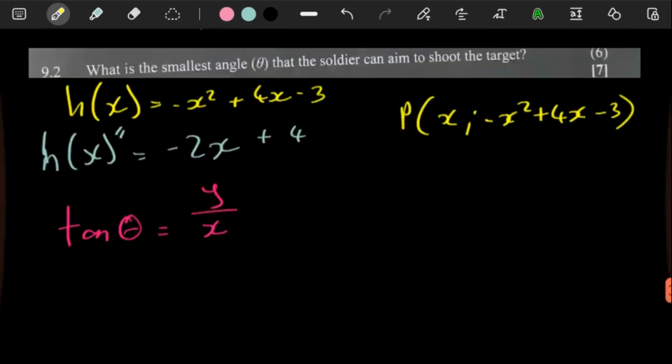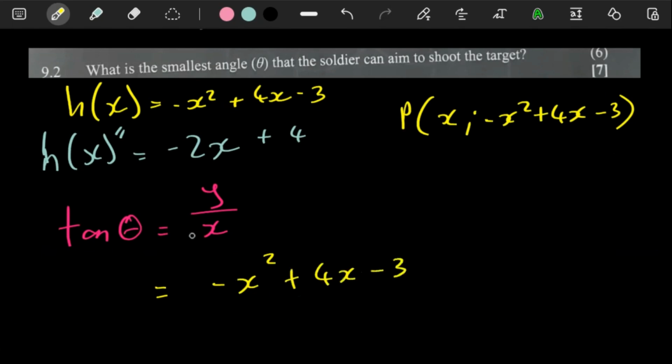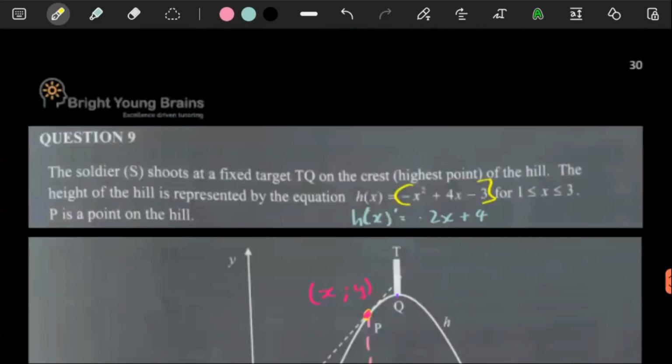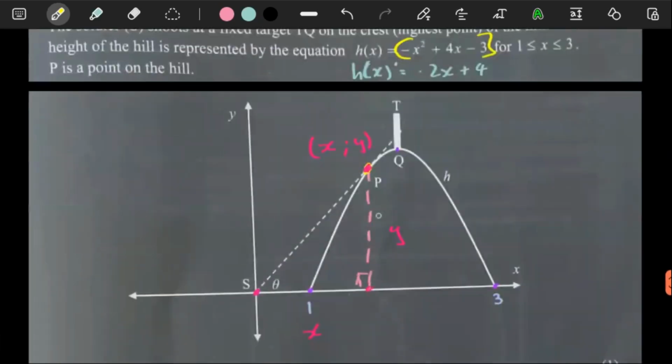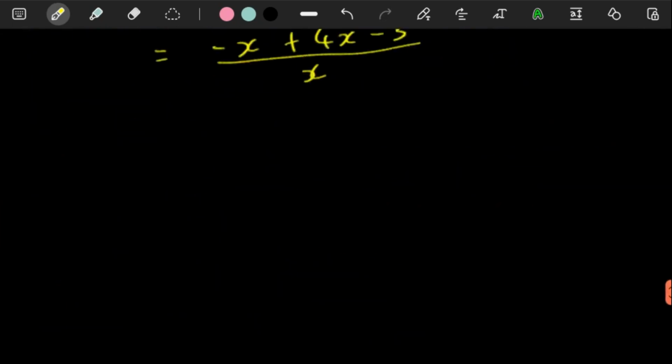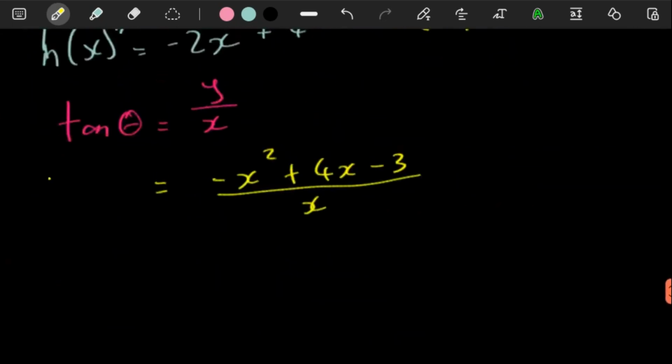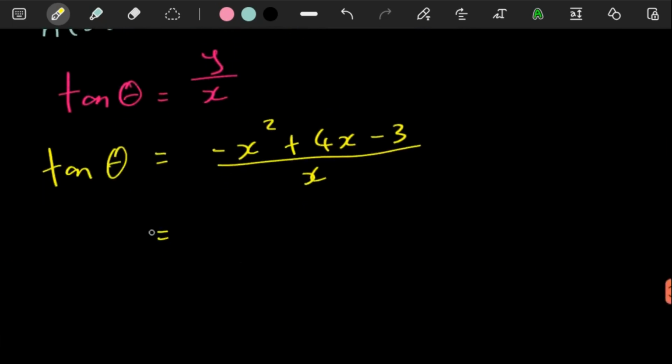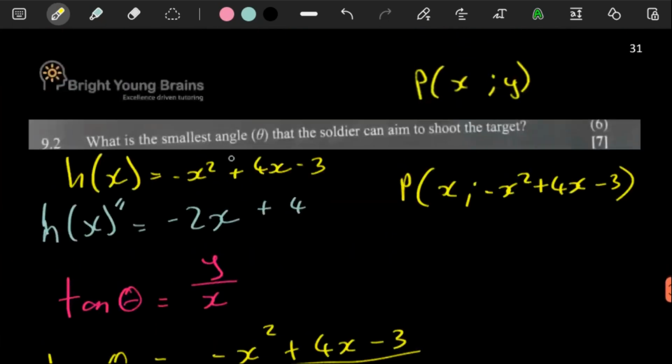So what we know is the y value at P is basically just negative x squared plus 4x minus 3, right? The x value is just x. Because we're taking this y value, which is what we just wrote out, and this x value, and we know this is what tan theta is equal to. Here they're asking what is the smallest value of theta that the soldier can aim.